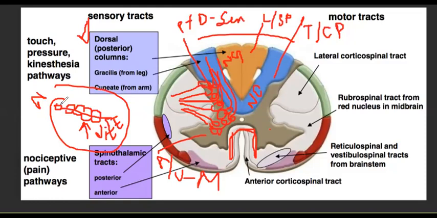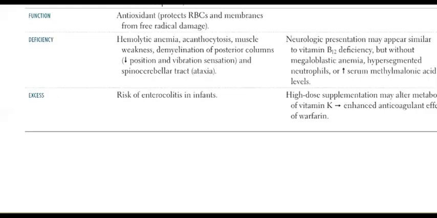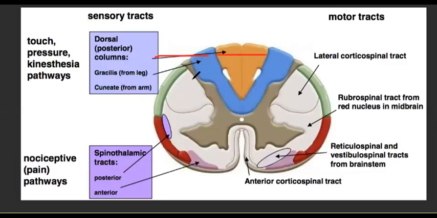So when your body is deficient in vitamin E, a process occurs which we call demyelination. That means the myelin sheath is being destroyed. Now if you understand why I brought you to this picture, let's go back to your book, and you see what they have written: demyelination of posterior columns. So when these columns demyelinate, what happens?